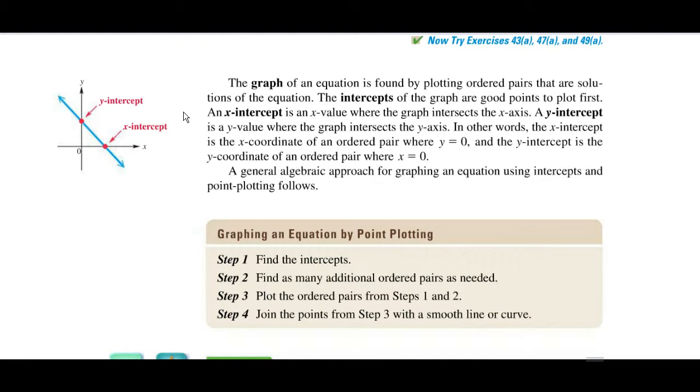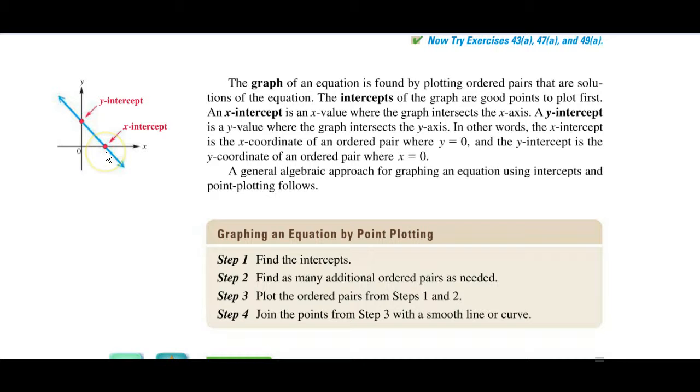Okay, now once you get ordered pairs, you then plot them on a graph. And if the equation is linear, you're going to get a straight line. And if that straight line crosses your y-axis right here, this point is called the y-intercept.